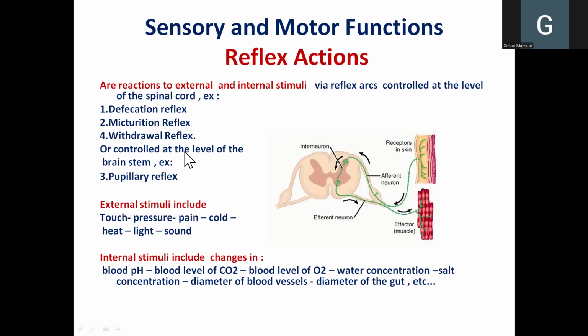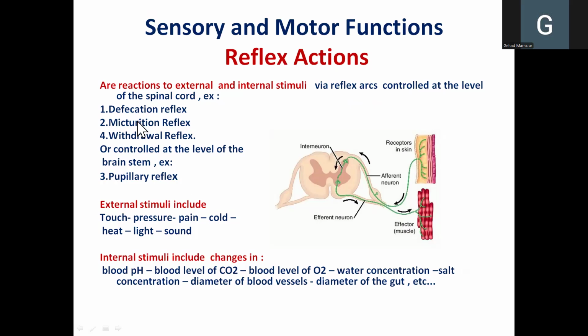Here, reflexes 1 to 4 are spinal reflexes. When I say that the defecation reflex, the micturition reflex, the withdrawal reflex, and no, the pupillary reflex is not a spinal reflex. This has to be corrected. The pupillary reflex has its center in the brainstem.